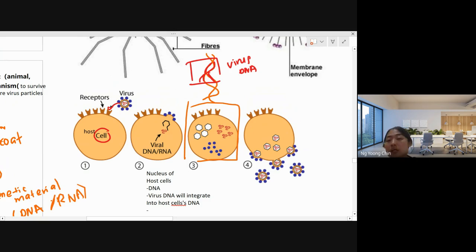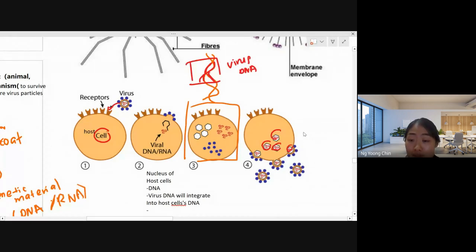So now the host cell will make the virus particles. It will help to produce the virus protein particles. So at the end, it will produce a lot of new viruses, which is the virus progeny, from the host cell.